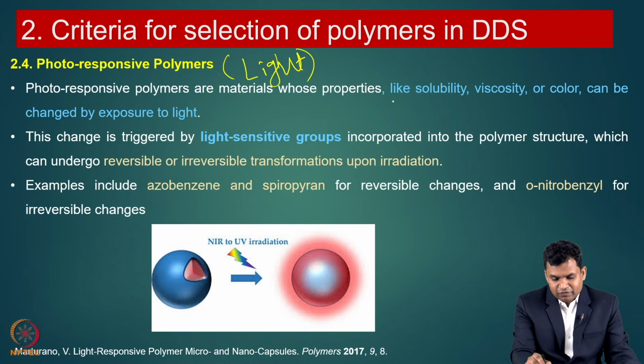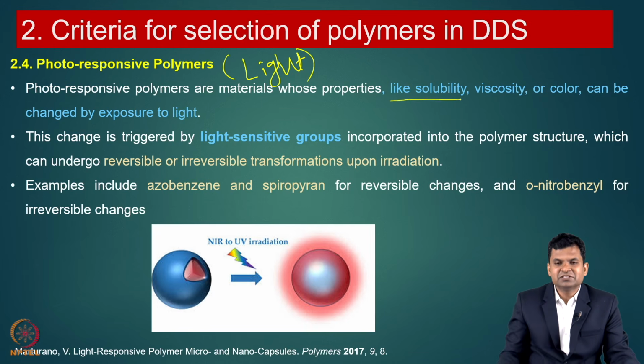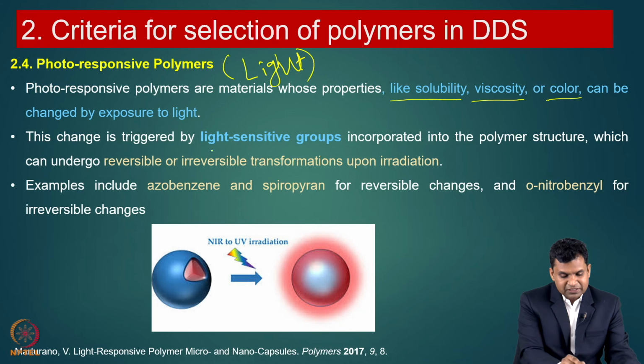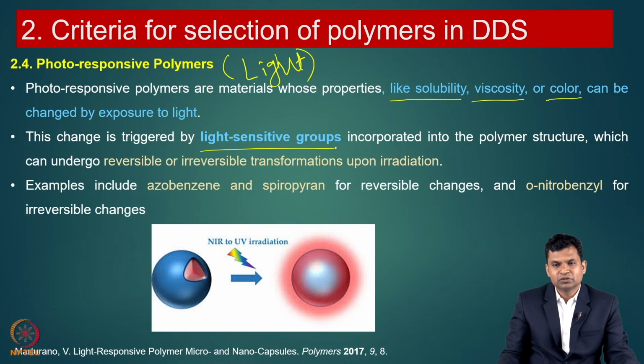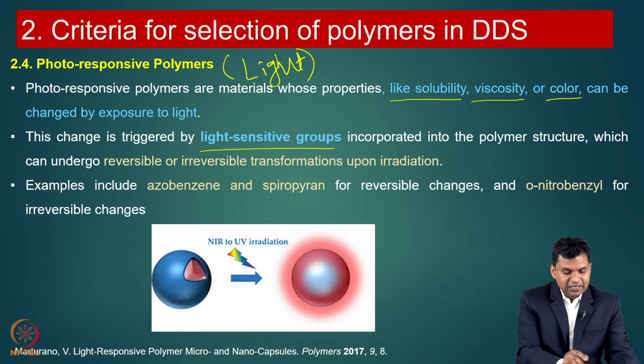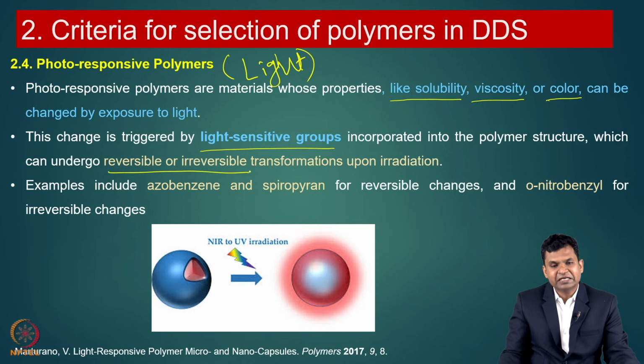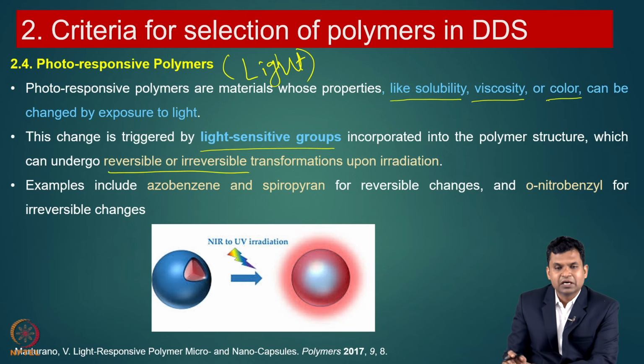When it responds, it will change its solubility, its viscosity and also the color, which is very important for various biomedical applications. This change is triggered by the light sensitive groups which are incorporated in the polymer structures, which may undergo reversible or irreversible transformation upon light irradiation.